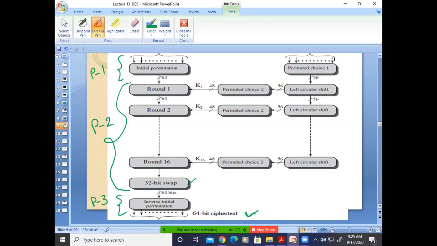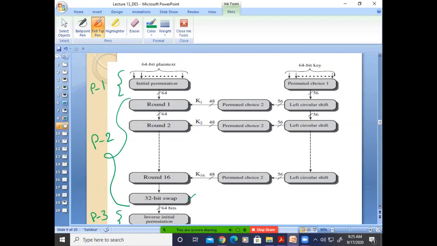Now we will see what is happening in the key generation, or subkey generation. Initially the key K will be 64-bit only, but there is an operation called permuted choice 1. In this we will eliminate 8 bits. How? That also we will see now.